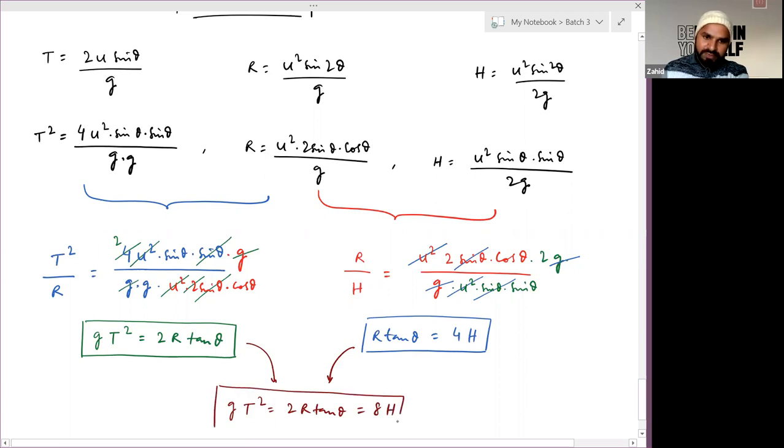So this will be your final relationship between time of flight, range, height, and theta. If you know any one value, you will be able to calculate the rest of the terms without solving the formulas.